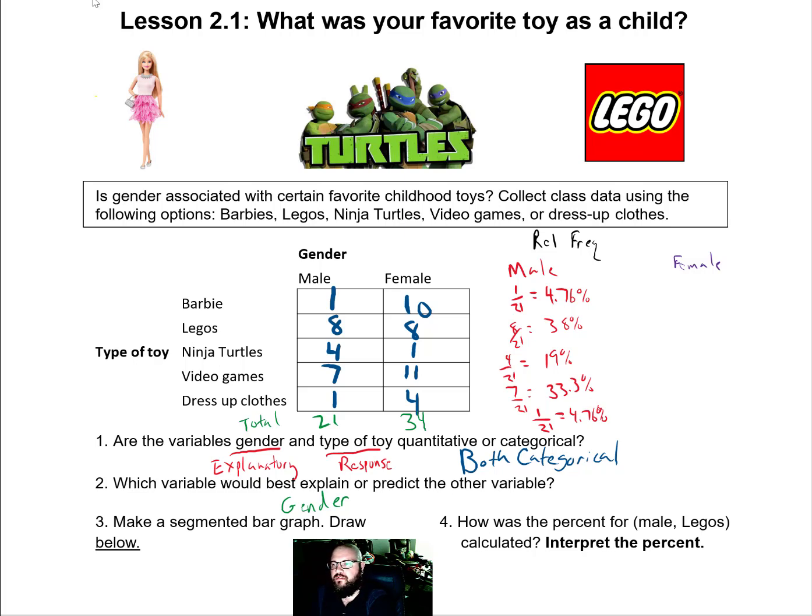So with our females, we had 10 out of 34, and that should give us 29%. And then we had 8 out of 34, and it's going to give us 23.